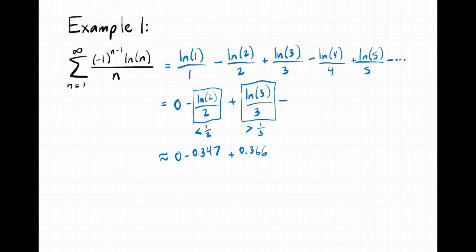It's just a teensy bit over a third. Minus 0.347 again, plus 0.322, minus 0.299, plus etc. It's really hard to tell what's actually happening with this series. Is the series converging or diverging? It's really hard to tell.